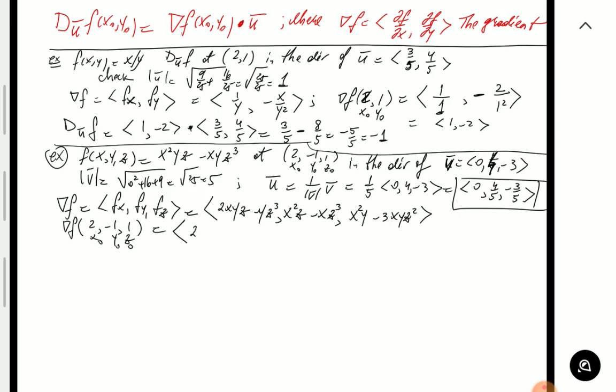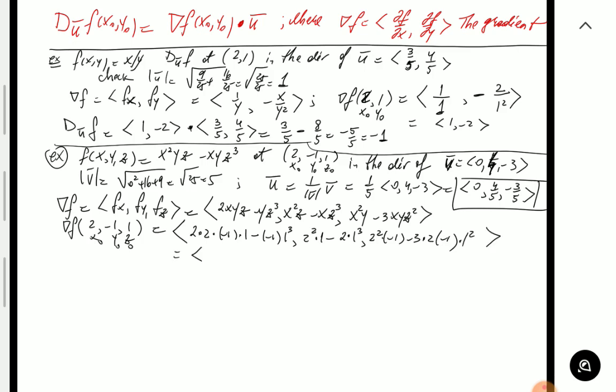So what you get here is 2 times 2 times -1 times 1 minus (-1) times 1 cubed, comma, 2 squared times 1 minus 2 times 1 cubed, comma, 2 squared times -1 minus 3 times 2 times -1 times 1 squared.